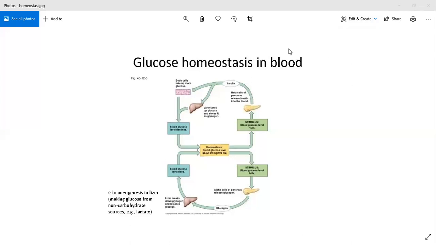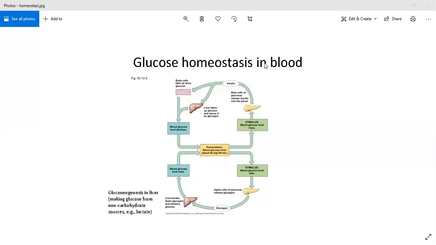Islet of Langerhans. So this islet of Langerhans is the structure within the pancreas that produces different types of hormones. It has some kinds of cells. The two major kinds of cells are the alpha cells and the beta cells.